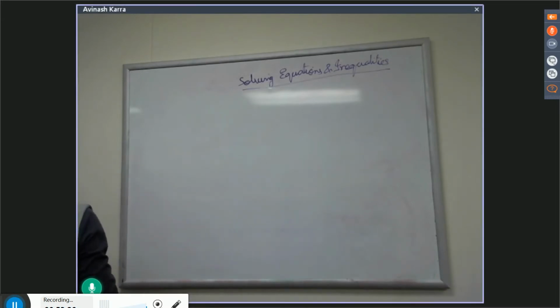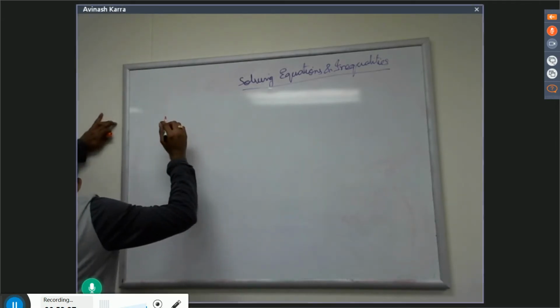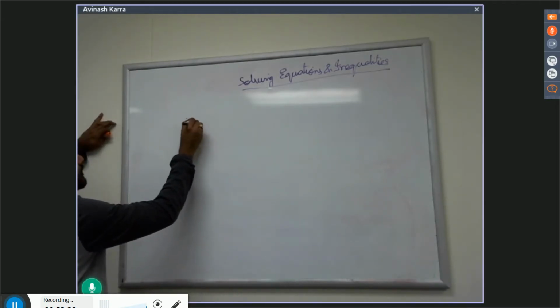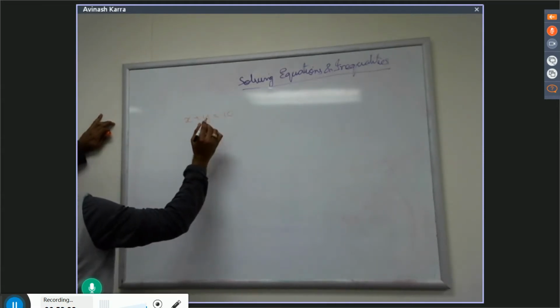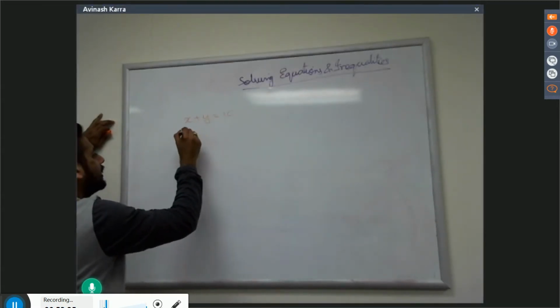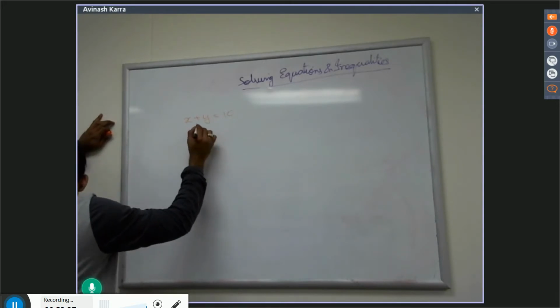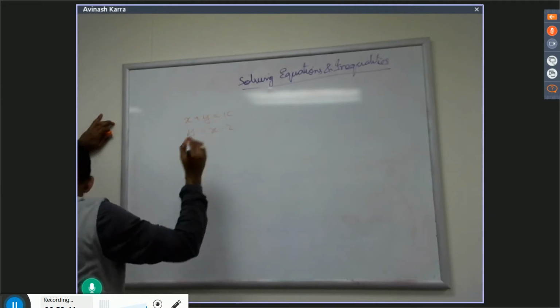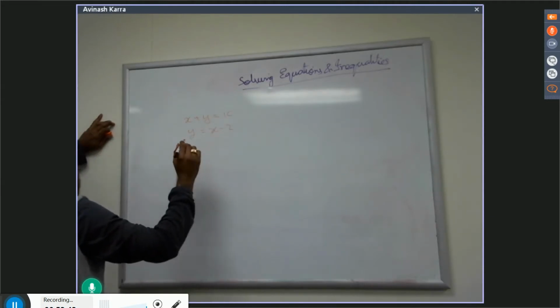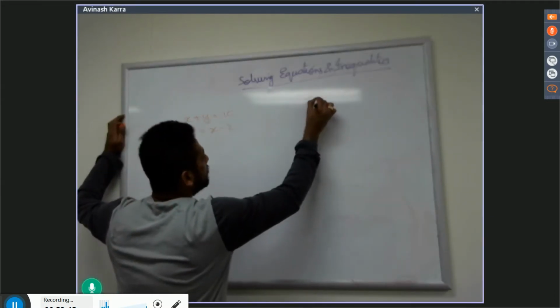Now I'm doing example 27. X plus y is equal to 10. Y is equal to x minus 2. And they're asking the value of xy.